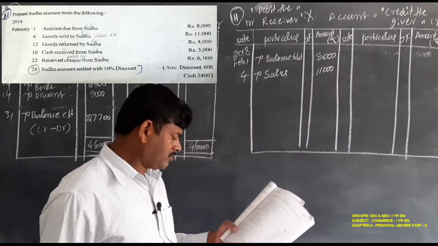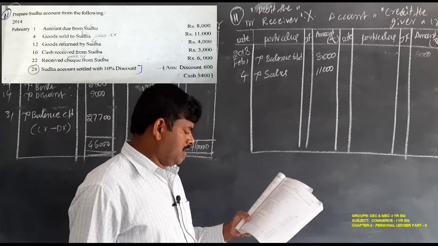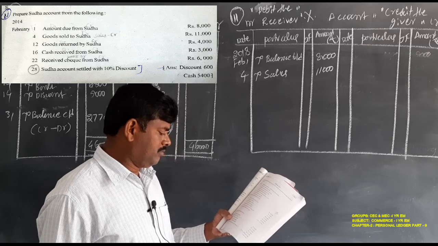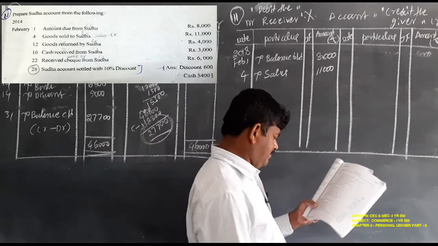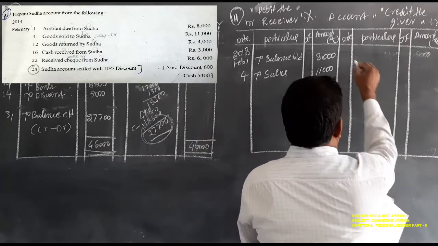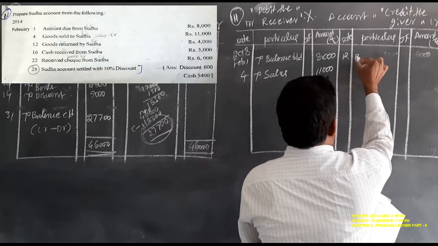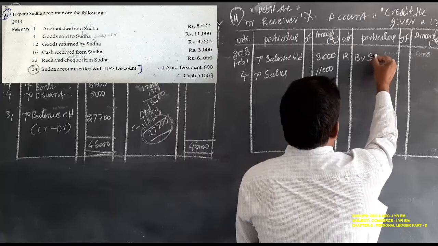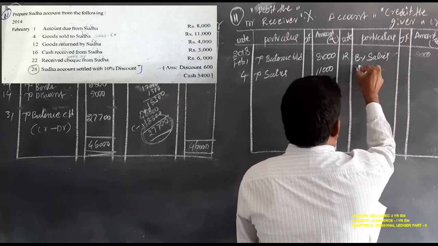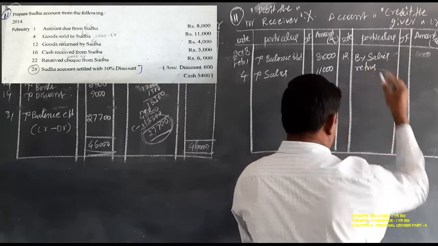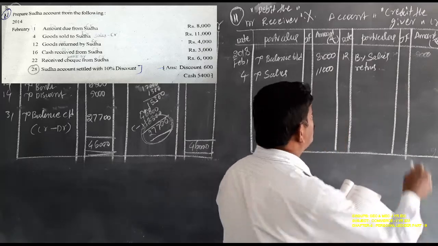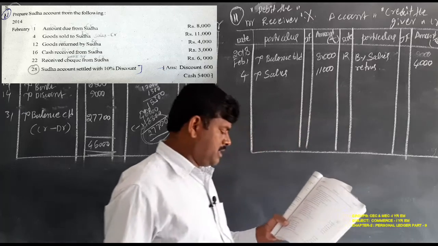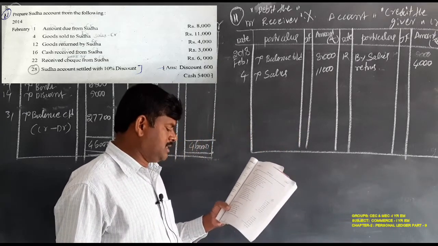Next, 12th date, goods returned by Sudha, this side, sales returns, amount is 4,000 rupees. In this transaction, the Sudha is giver.